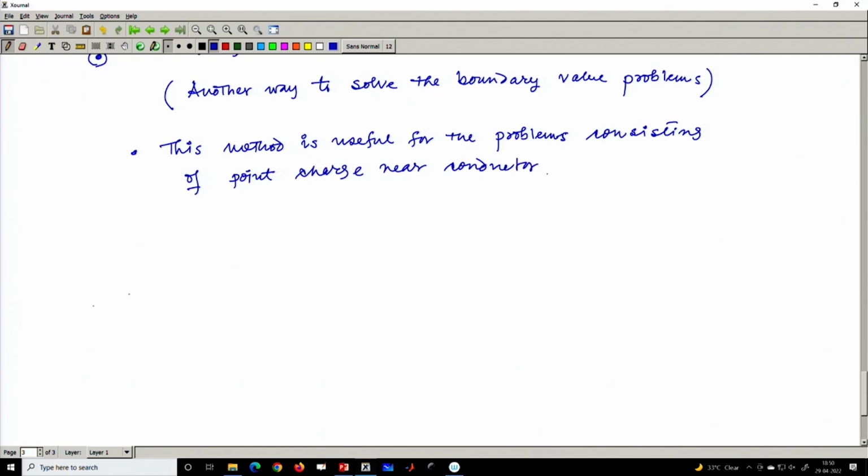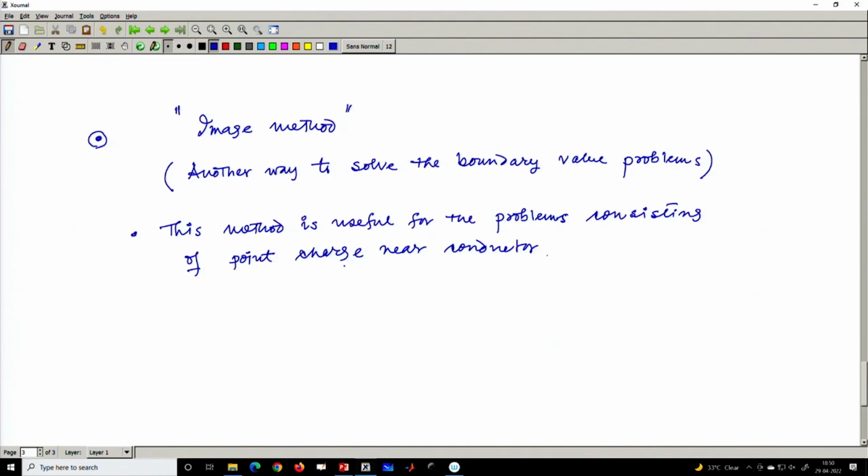So, when a conductor is there and you place a point charge near that, and then if somebody asks what should be the potential, this kind of image method procedure is very useful.